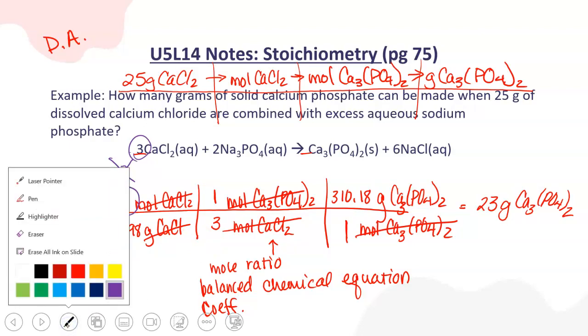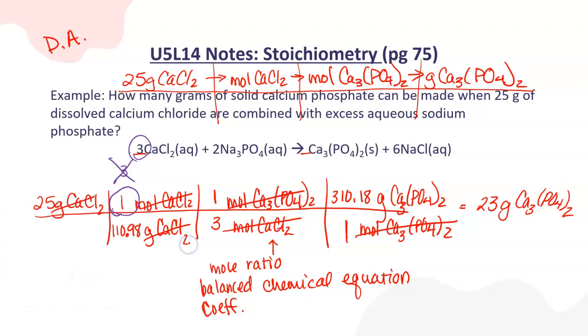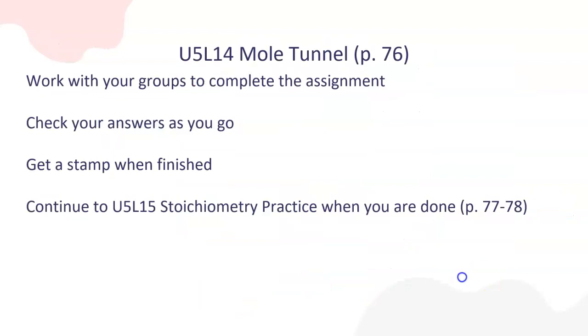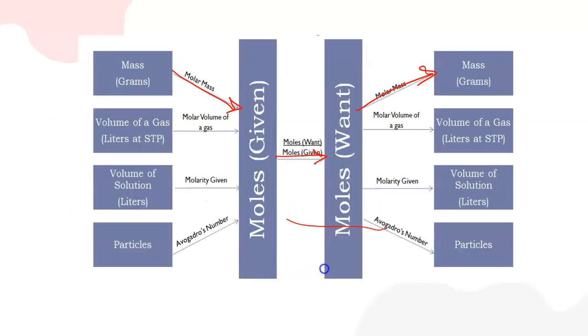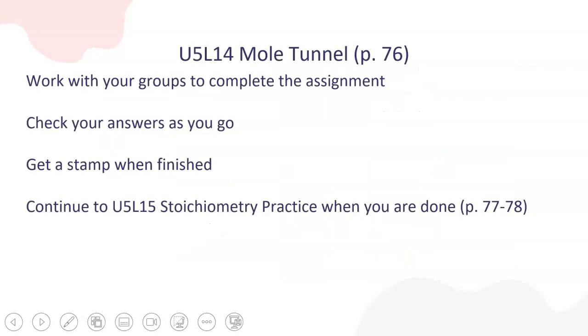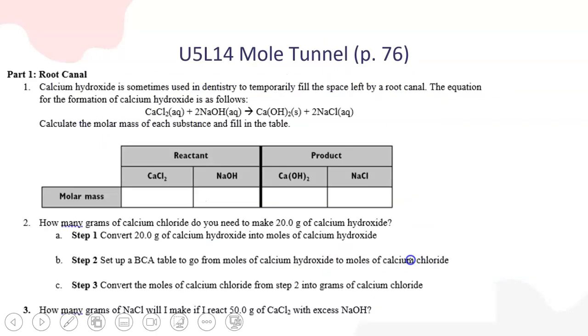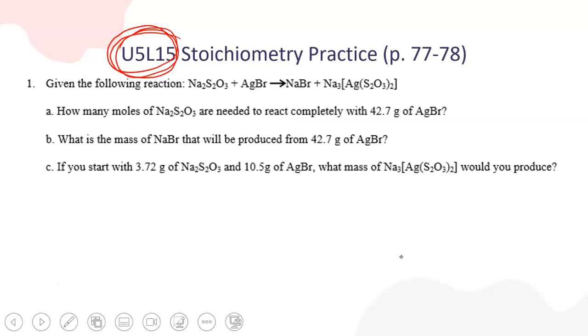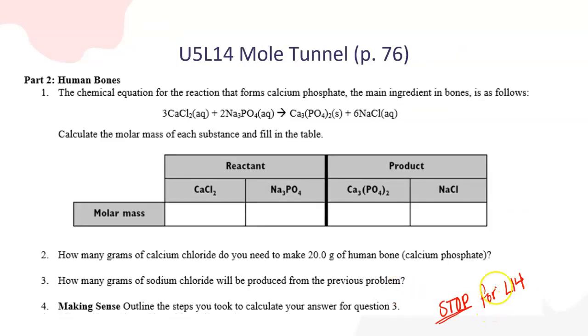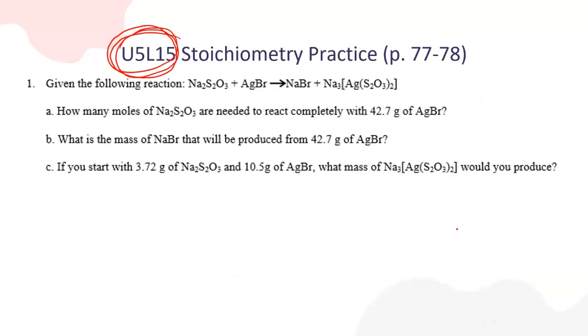Unless I specify, you can choose which one you do. So that concludes the notes. You are to work on Unit 5, Lesson 14, Mole Tunnel. You can use this as you work to help you map it out if you don't have a paper copy. Those will be coming soon. When you finish, you can move on to Lesson 15. Please be aware that Lesson 14 stops here, Lesson 15 starts here.